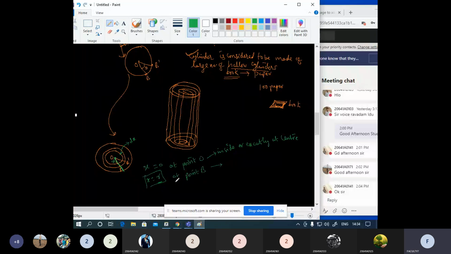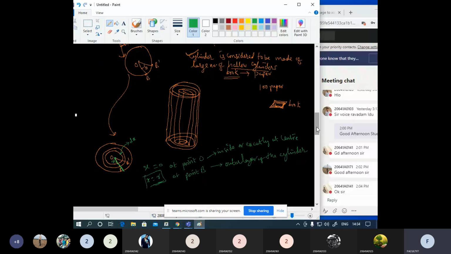Then, for the second condition, it will be considered as the outer layer of the cylinder. These points we are going to utilize here.